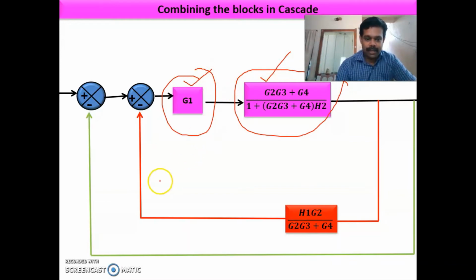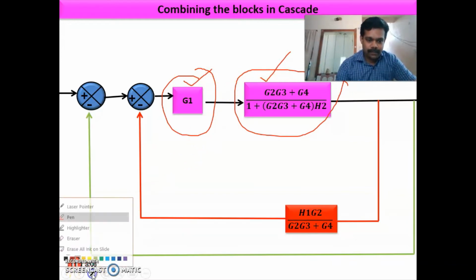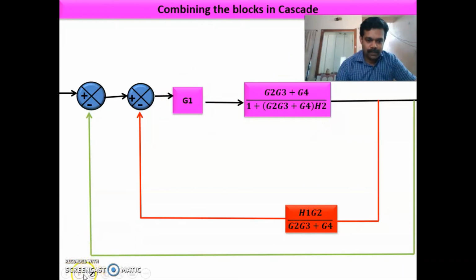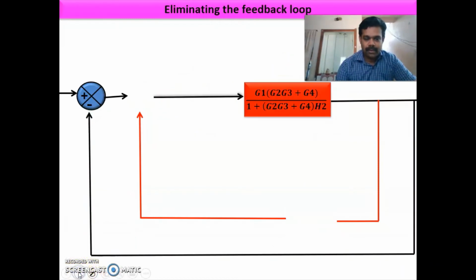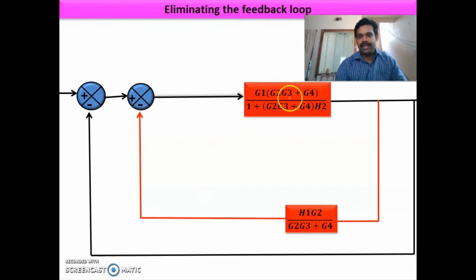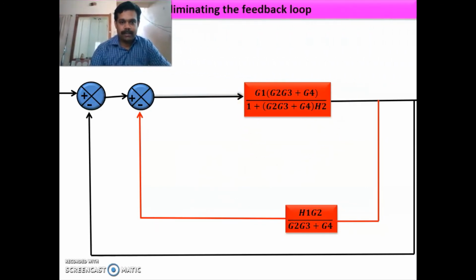So you get G1 into G2, G3 plus G4 divided by 1 plus G2, G3 plus G4 into H2. This is the combined block.